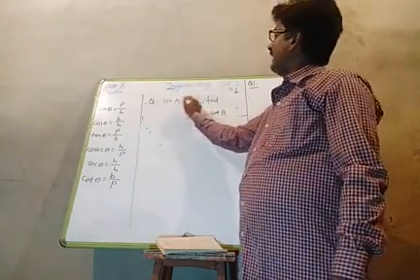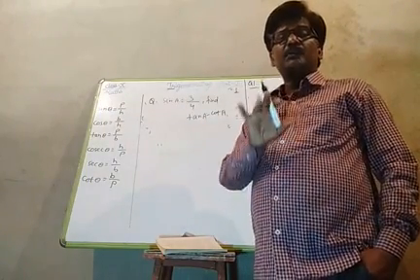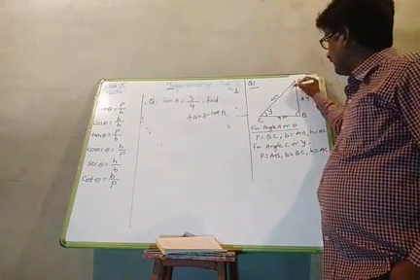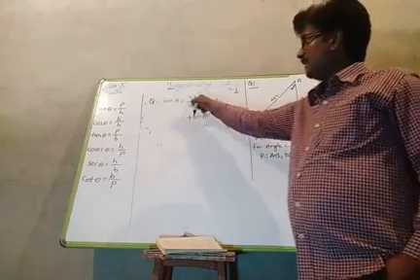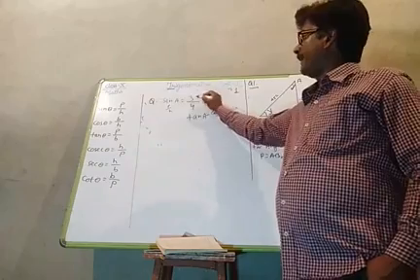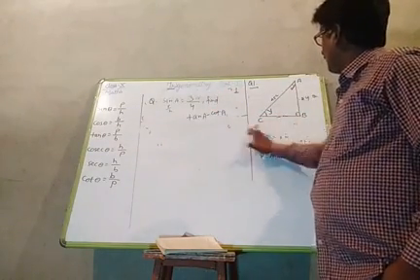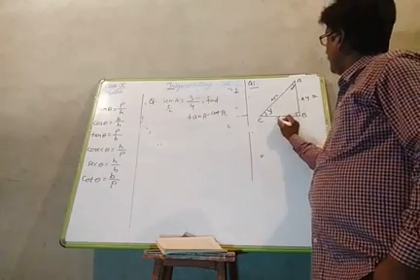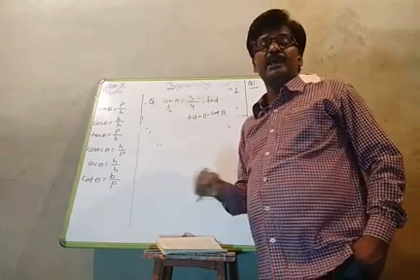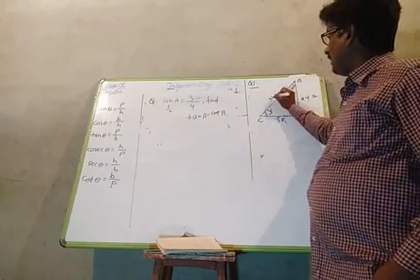Here sin A is equal to 3 by 4. It means the ratio is given, sin with respect to angle A. For this angle it is 3 by 4, and sin A is P by H. It means the perpendicular is 3K. So for angle A, let this one be 3K, and this is the hypotenuse. H stands for hypotenuse, so H is equal to 4K.